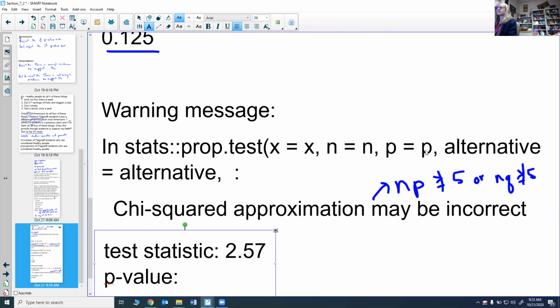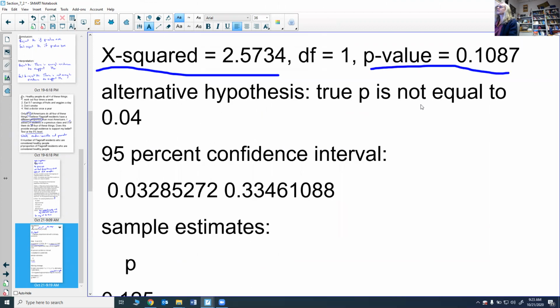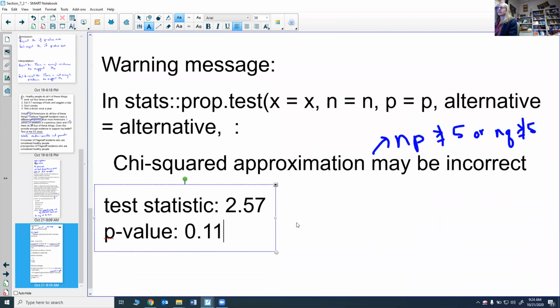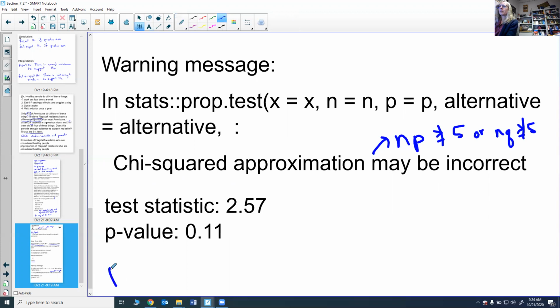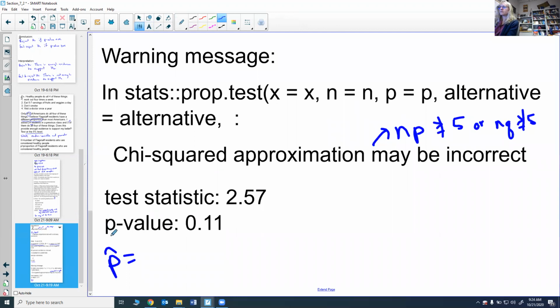So it's 0.11 when we round it. And then I should write down what my p hat was. That is just what we found from this sample. My p hat was equal to 0.125. And you can actually calculate that without having R do it for you because that's just the 3 divided by the 24. All right, so now we have our calculations.